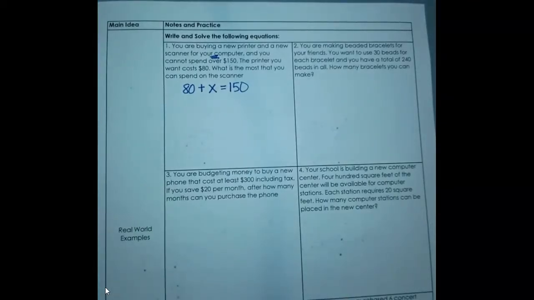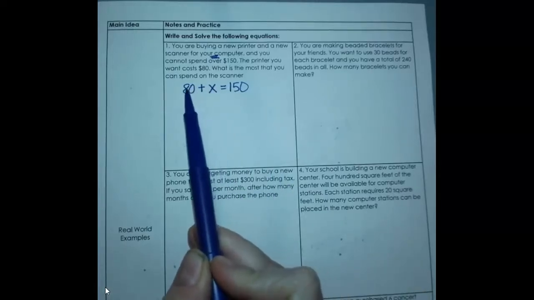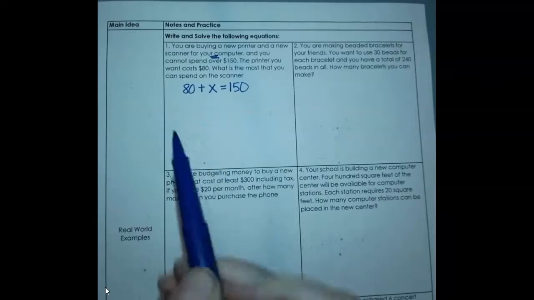Okay, so you probably could have done this in your head. When you go shopping, a lot of you can figure out, if I have this much money and I want to buy this that costs this much, how much more do I have left to spend? That's an algebraic problem. Okay, so we want to isolate the variable, which is our x. See how we have 2 terms on this side, so we need to move the term that doesn't have the variable in it first.